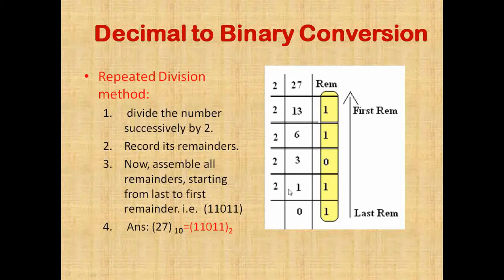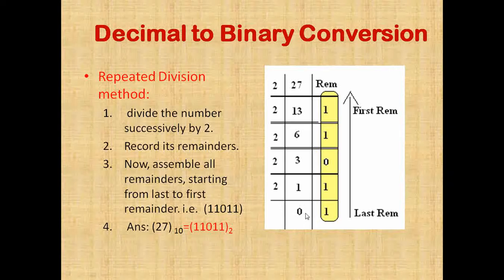And finally this 1 we will divide by 2, because 1 is smaller than 2, so it will be 0 times. So 2 0s are 0, and the remainder is 1. And we have to repeat these steps till we get 0 in the quotient part.